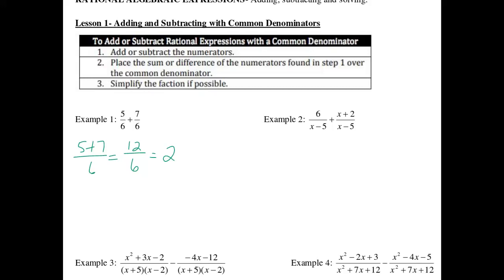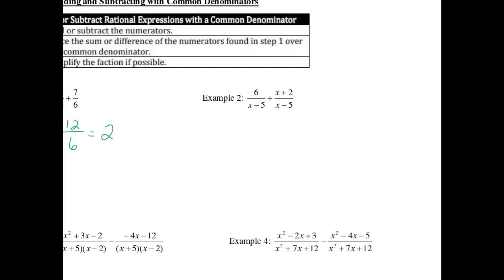So let's look at something a little bit bigger and better in example 2. So with example 2, again, we identify that the denominators are the same. So we're using this technique, and simply we are going to add across the top. So 6 plus x plus 2 all over one denominator, x minus 5.